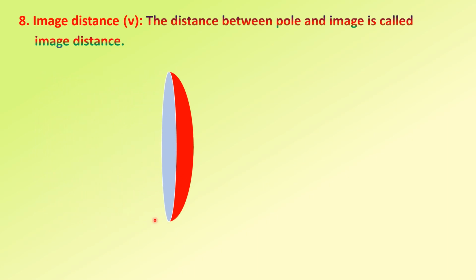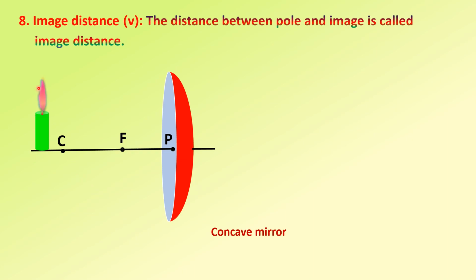And here is the concave mirror, P, C, F, and this one is the principal axis, and here I am placing an object beyond C, and the mirror will form its image somewhere here.